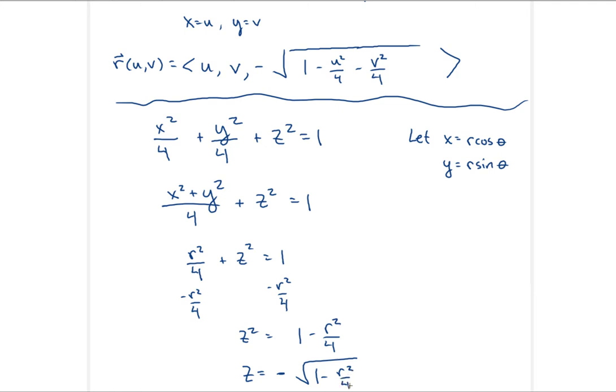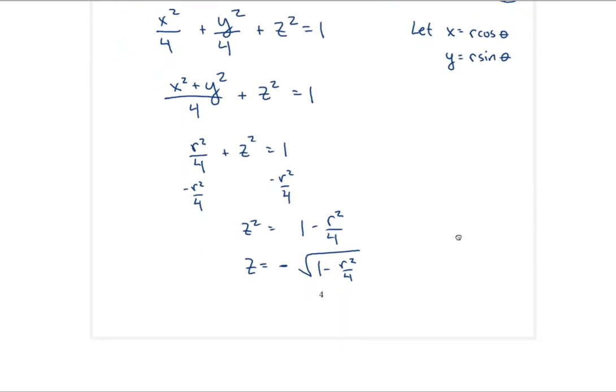And I get this. So what this allows me to do is to write a parametrically defined surface where, first of all, we're going to say r, and in our grapher, we're supposed to use u and v, right? So we'll let r equal u and theta equal v.